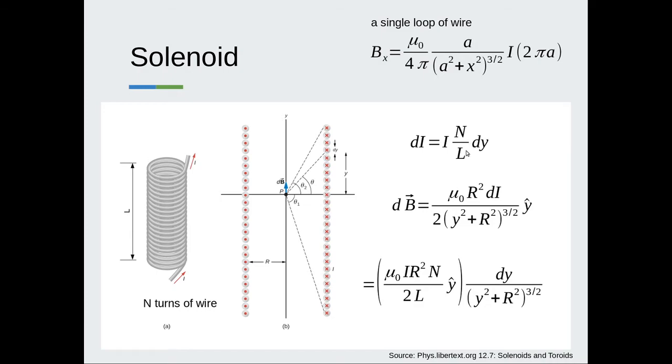So number divided by length is the number of current rings in a unit length. We multiply it by the current on a single ring, and then by dy, a little piece of length in the axis direction. This is how we define the current in this case.